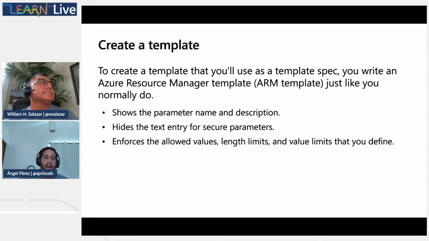Another thing that we briefly saw is how some of those parameters can also be enforcing some type of allowed values. Like maybe there's a list of SKUs that are the only allowed values. So whatever parameter value gets passed in by an app team that's trying to deploy this, if they say potato, for example, and that is not the actual name of a SKU value for a Linux VM, then it's probably not going to work.